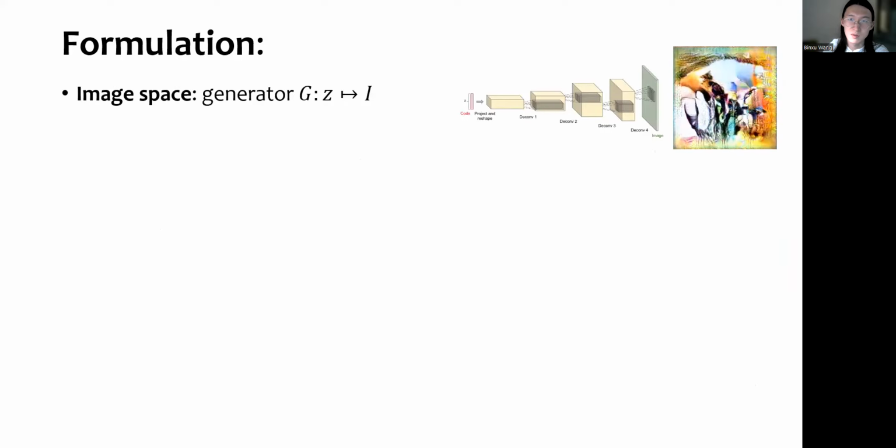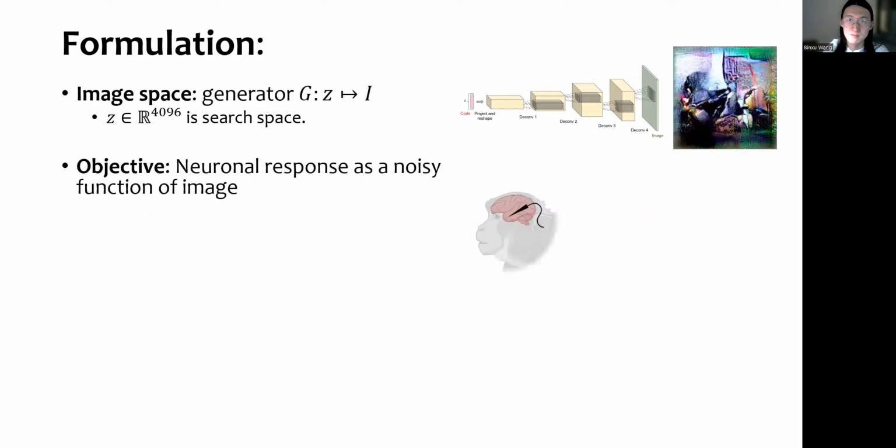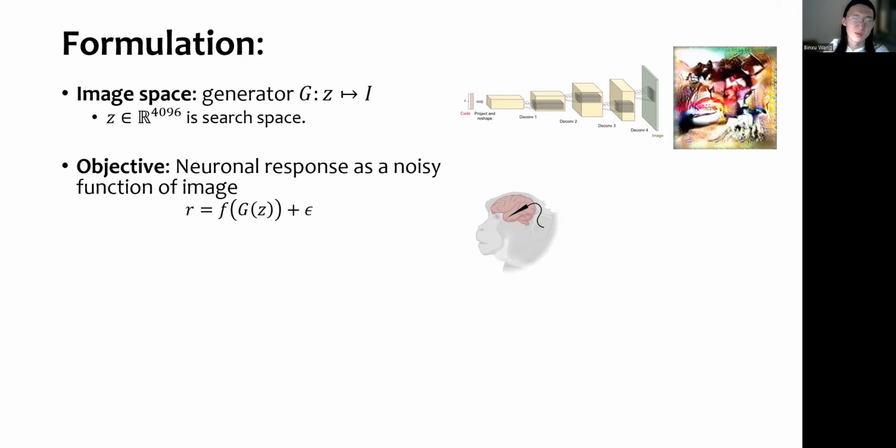So a little bit of formulation. The image space we're working in is parameterized by this generator, which maps latent code Z to image I. And the 4,000-dimension latent space is our search space. Our objective is to optimize the neuronal response in the monkey. We think of this response as a noisy function of the image.